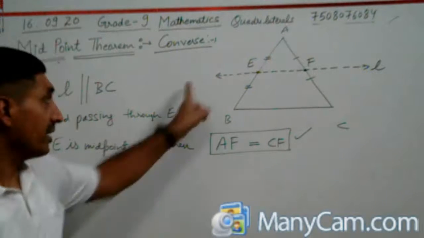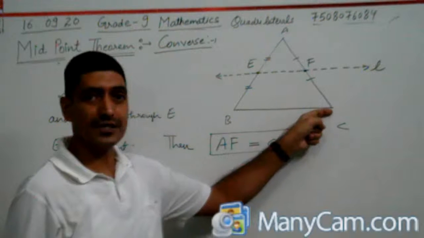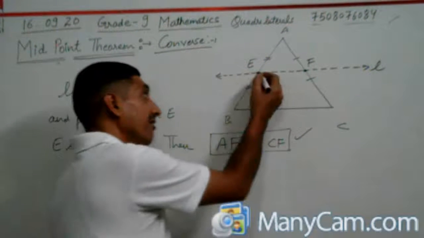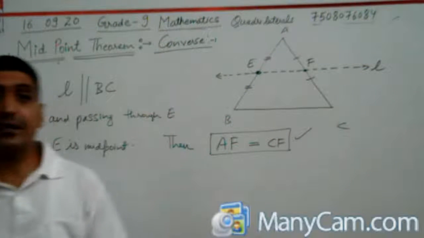This line which is drawn parallel to one side will always pass through the midpoint of the third side.